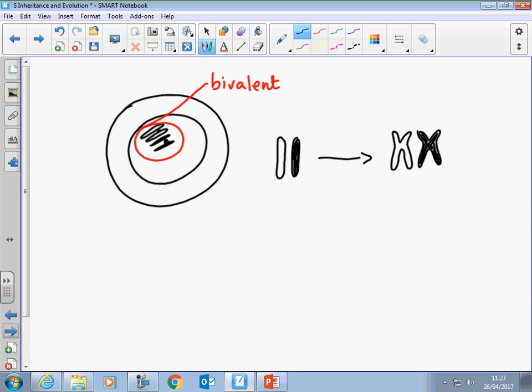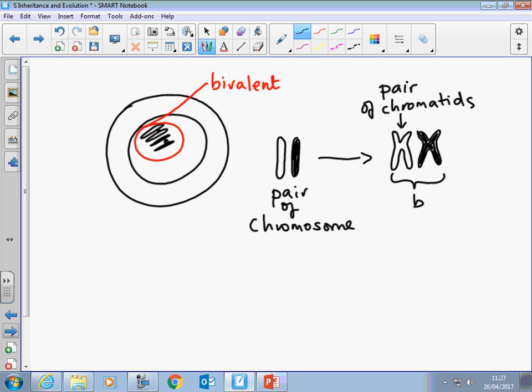We started off with a pair of chromosomes. Each chromosome becomes a pair of chromatids. But that thing is called a bivalent.